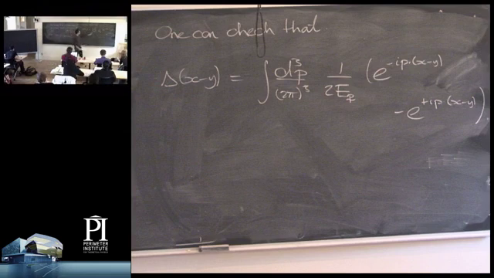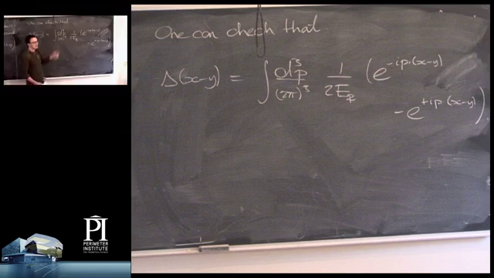Again, simple calculation: plug in the mode expansions, do the commutations. There'll be delta functions from the commutations, and this is what you get.